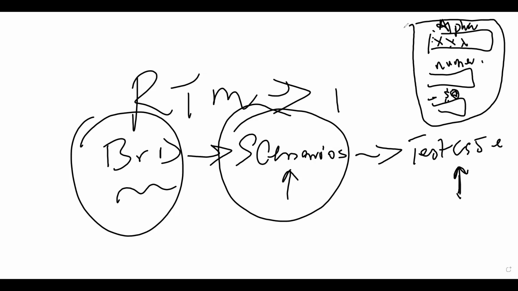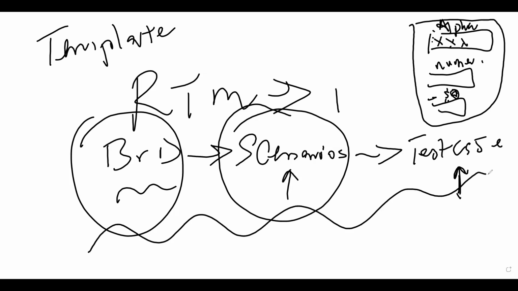Okay, so the template which gives me all these things, like what the business requirements are, what the test scenarios for it are, what the test cases for it are.